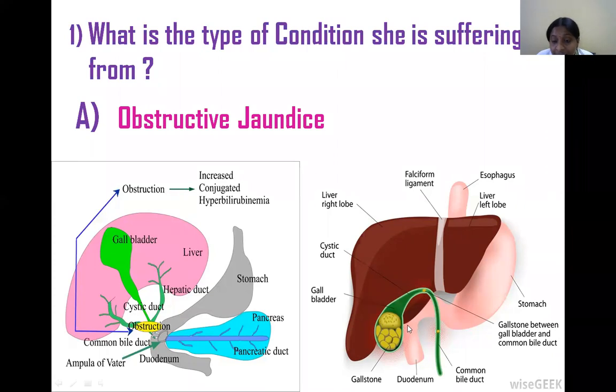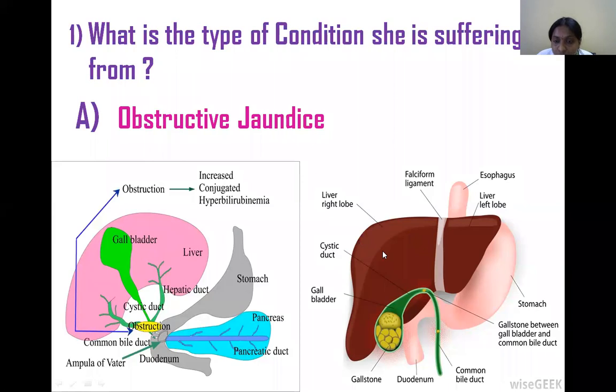Whenever the concentration of conjugated bilirubin increases, it results in conjugated hyperbilirubinemia. Similarly, ALP, alkaline phosphatase levels are elevated, dark colored urine is formed due to increased urinary excretion, and pale colored stools are formed.